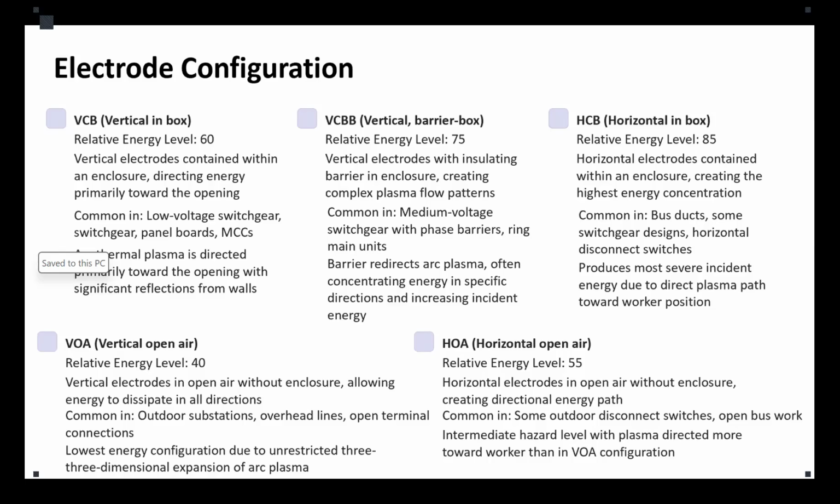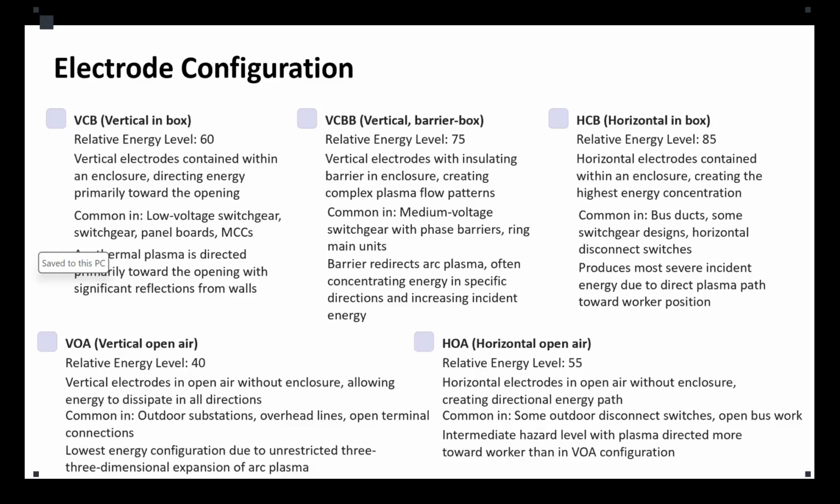All these define different configurations. Now, we have vertical open air configuration, in which the electrode orientation is vertical. The environment is open air, so there is no enclosure. Okay, and the relative energy level is normally 40. So this is the lowest severity configuration because the arc expands freely in all directions.